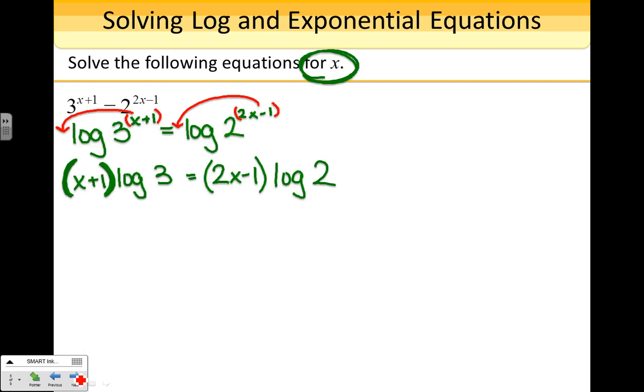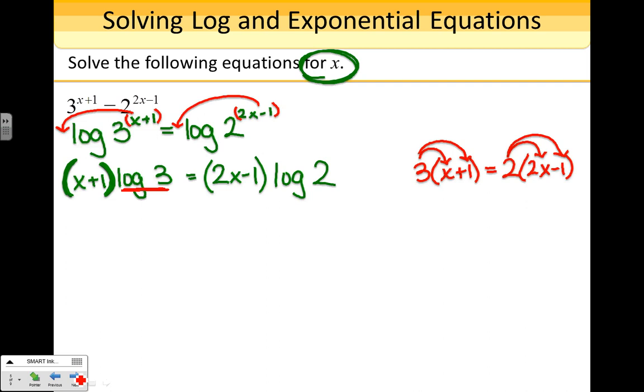Let's say I had 3 times x plus 1 equals 2 times 2x minus 1. How would you solve that equation? If that was the equation you were solving, you distribute your 3 and you distribute your 2 to get those x's out of the parentheses. We're going to do the same thing here.